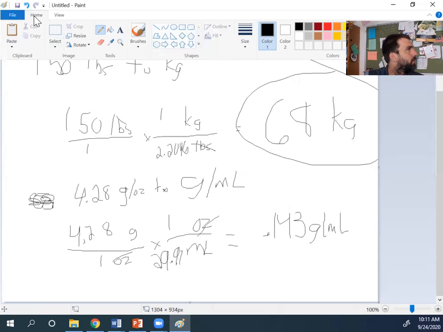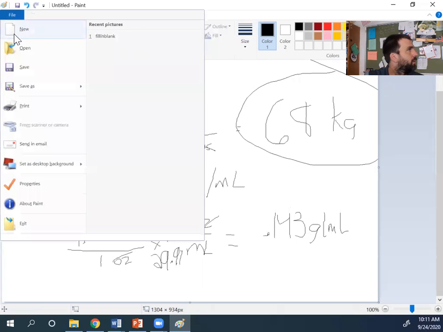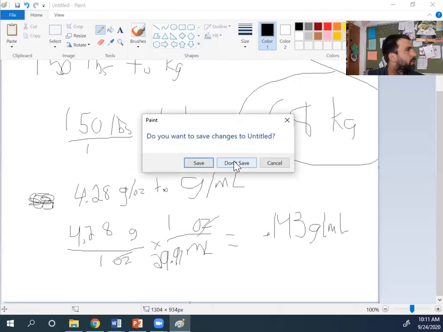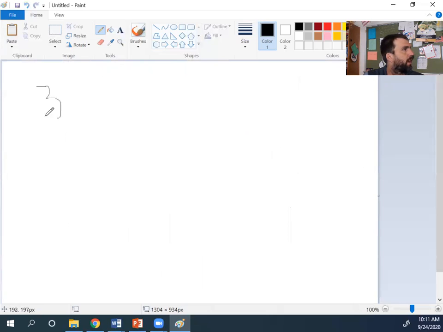Let's do another one. Let's go from 35 miles per hour to kilometers per hour.